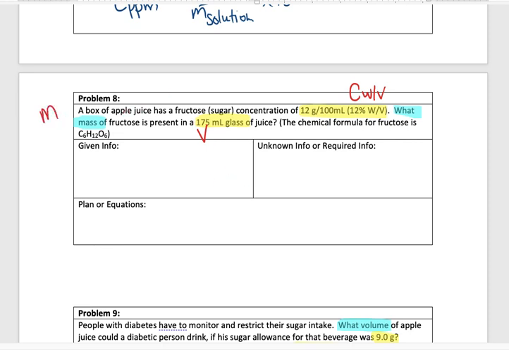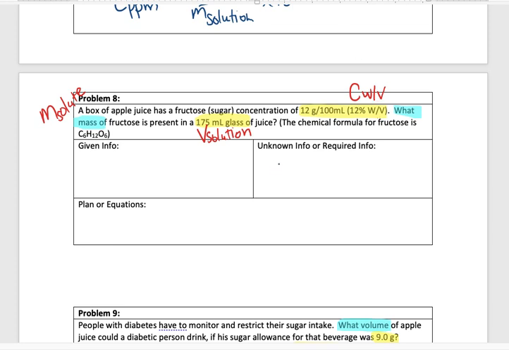Okay, so a box of apple juice has fructose, concentration of this, 12%. What mass of fructose is present in the solution? Is present, sorry, in a 175 milliliter glass of juice. Okay, so here we go. We have our solution, right? And we have our solute here. All right, and then we need to get to that unit there.